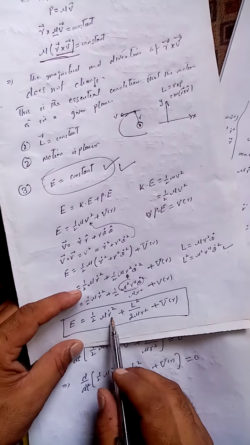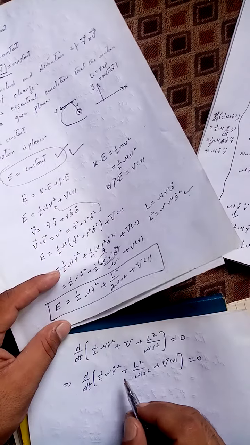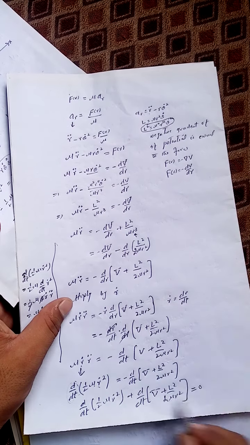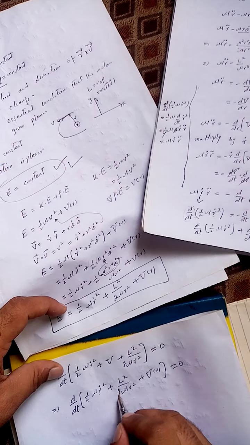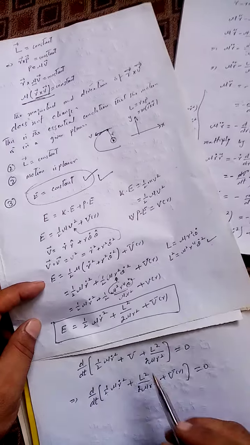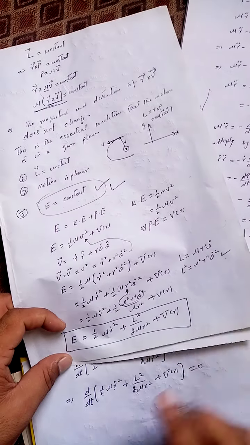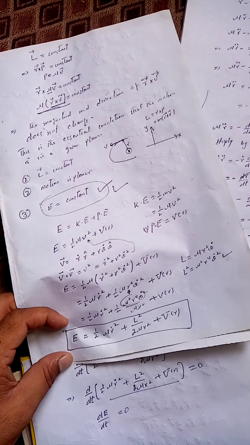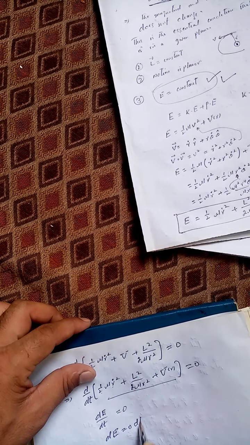And we also define energy here. The total energy is 1 over 2 mu R dot square plus L square over 2 mu R square, plus V of R. So replacing this term by total energy, we get dE over dt equal to 0, or dE is equal to 0 into dt.